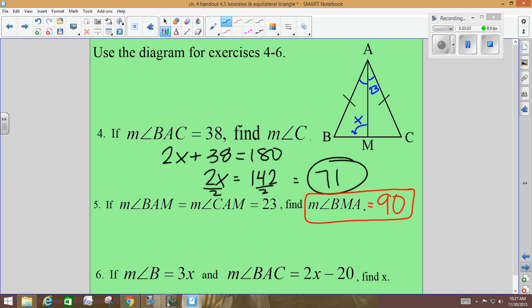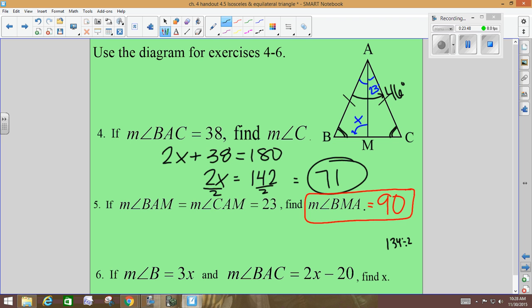The right side is 23. The left side is 23. What would this entire angle up here have to be then? 46 degrees. It's isosceles, so these two angles down here would have to be congruent. So you could do the same thing we did on number 4. 180 minus 46, 134, divided by 2.